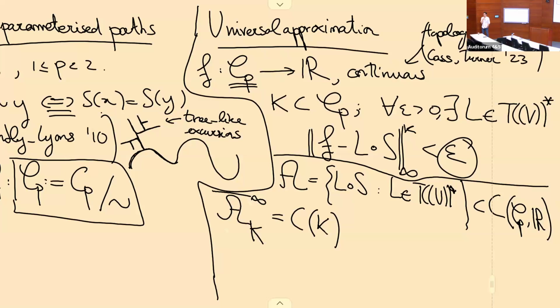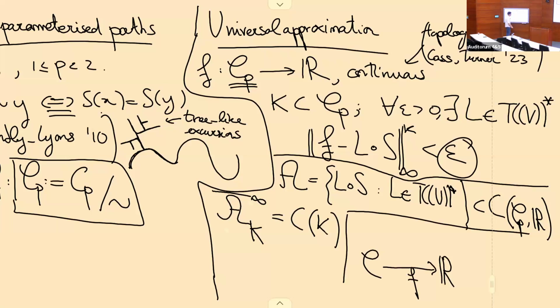Yeah. So a picture to retain this is: if you have your unparameterized paths here, and you have your real valued function f that you want to learn or approximate, this might be a nonlinear, nasty, complex function. What you can do is lift your path space with the signature to T(V), and then you can find the linear function, L linear, that closes the graph.